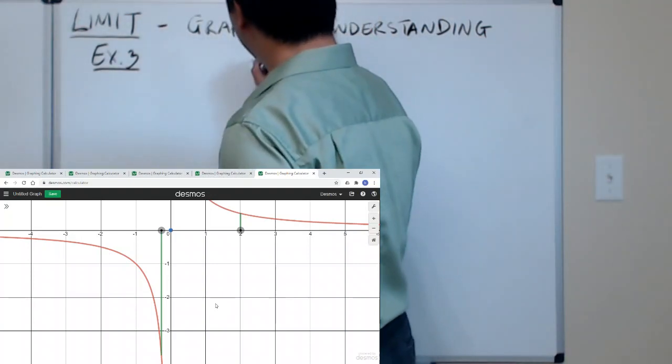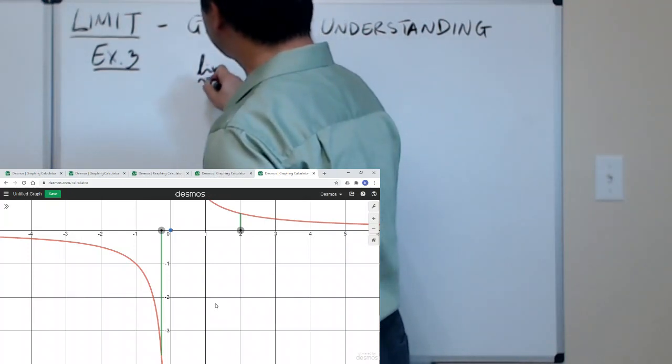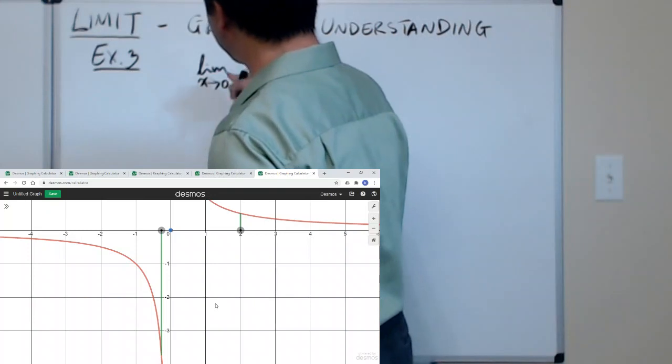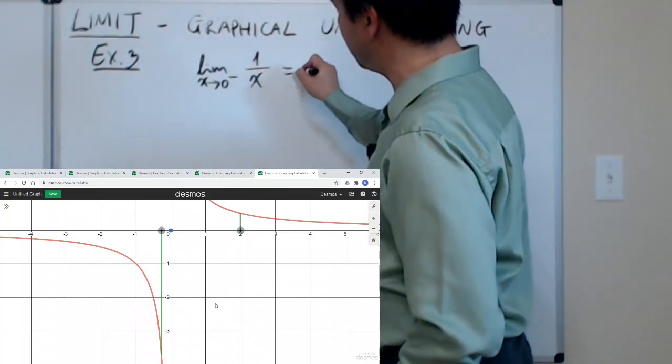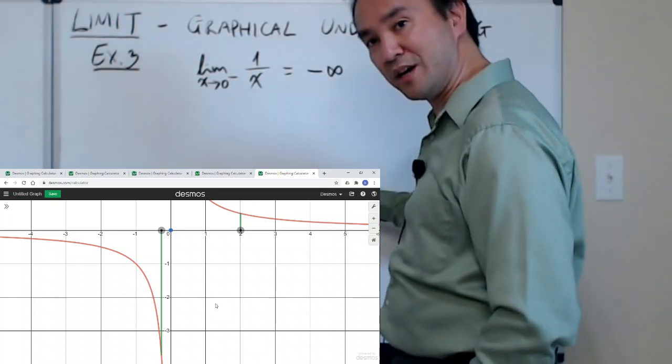The way we formulated it, as we let x get close to 0 from the left-hand side, those vertical heights drop down to negative infinity. It's heading down in one direction.